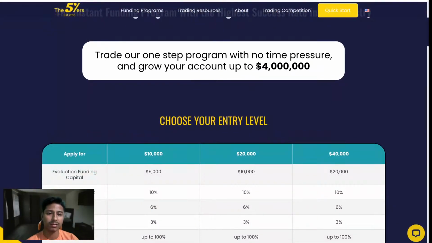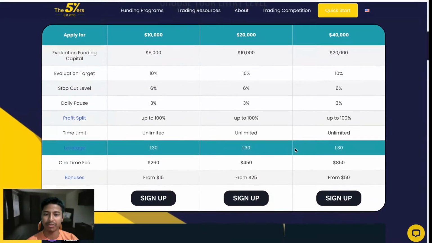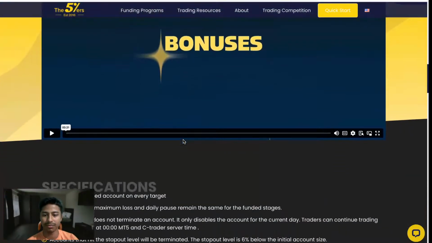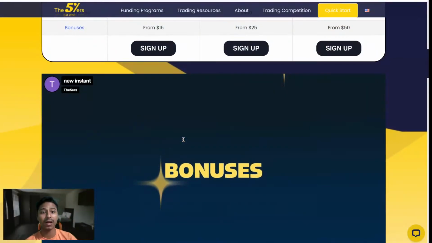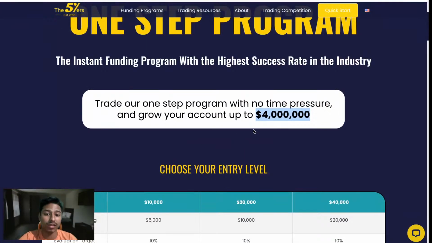One of my favorites, and the best part of the hyper growth, you can check. You can get a max $4 million allocation, which is pretty good. And the best part is they let you copy trade across your other platform accounts and also your personal broker too, which is really important.